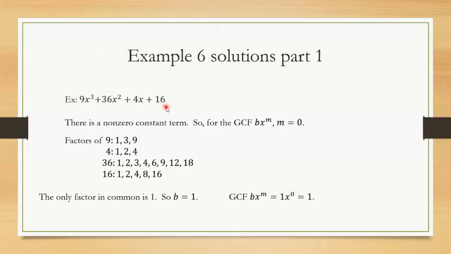Okay, so if it was 9x to the third plus 36x squared plus 4x plus 16x, then I could do the x. Then you could do that, yeah. But because the x has to be in each term at least. When I did do the x, I literally got the same answer, just not 9x squared in the end. I just got 9x. Oh, sorry.